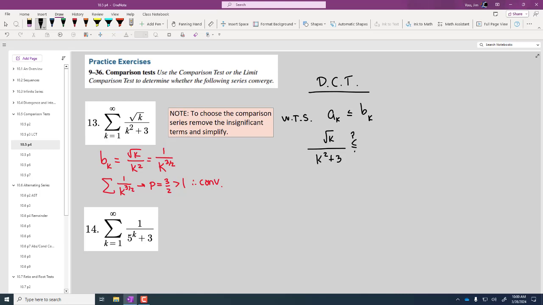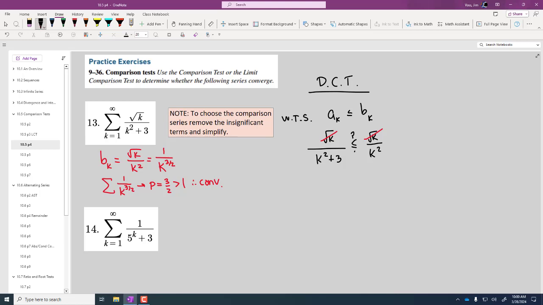It might be easier to actually use the unsimplified b sub k, because then we can cancel some things pretty easily. And so right away, remember that k is a positive number, so we can divide out the root k's. Those are positive, so we can divide them away.